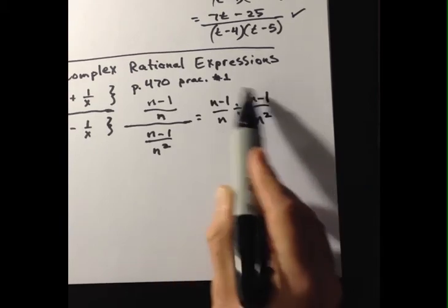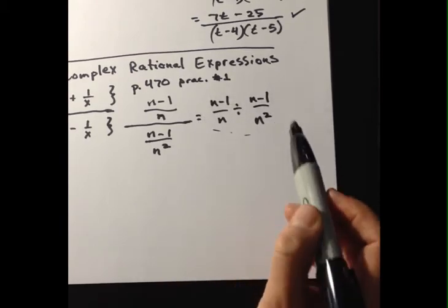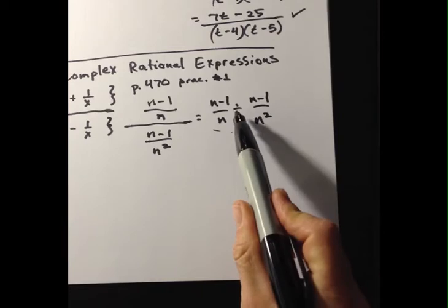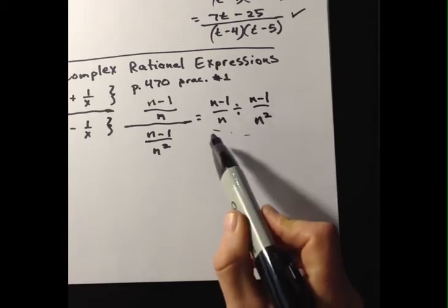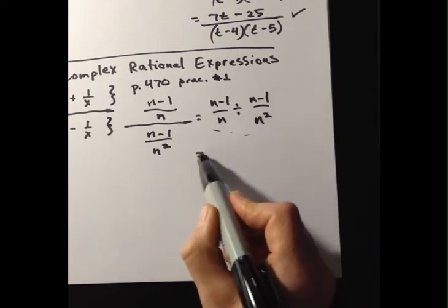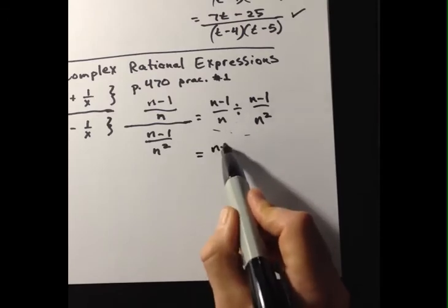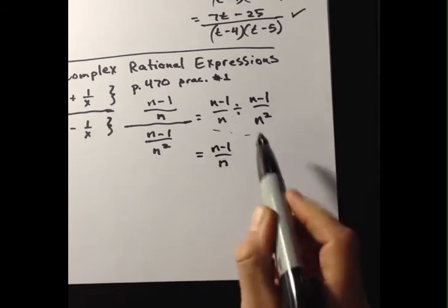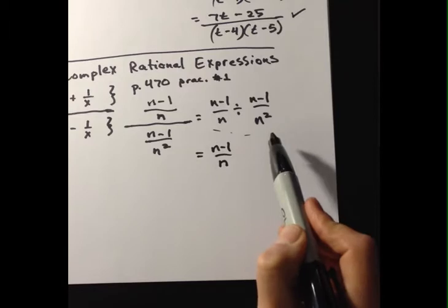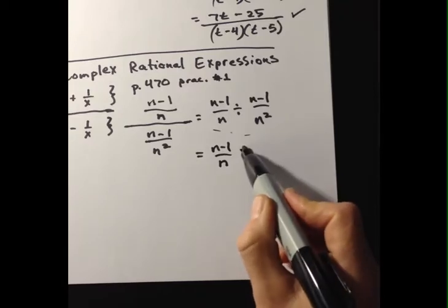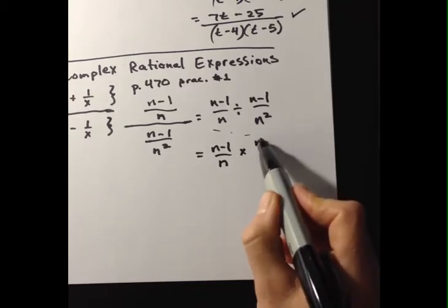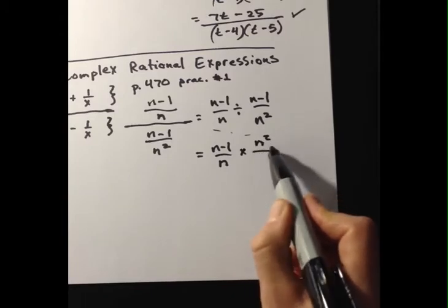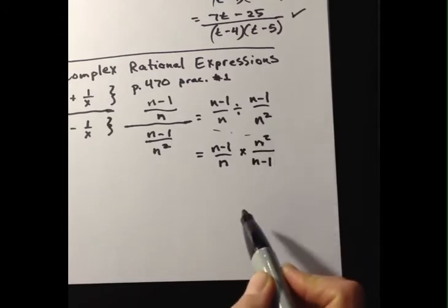This is exactly the same, just a different way of writing exactly the same thing. Remember, when we're dividing fractions, it's the same thing as multiplying by the reciprocal. So I'll take my n minus 1 over n, and instead of dividing by n minus 1 over n squared, I'm going to multiply by n squared over n minus 1.